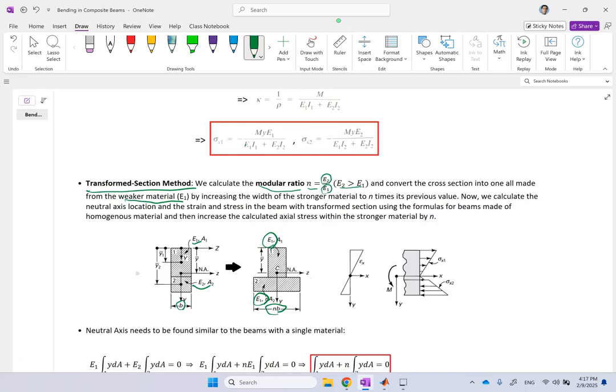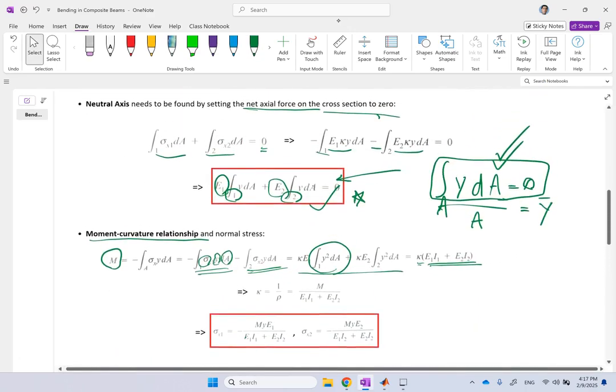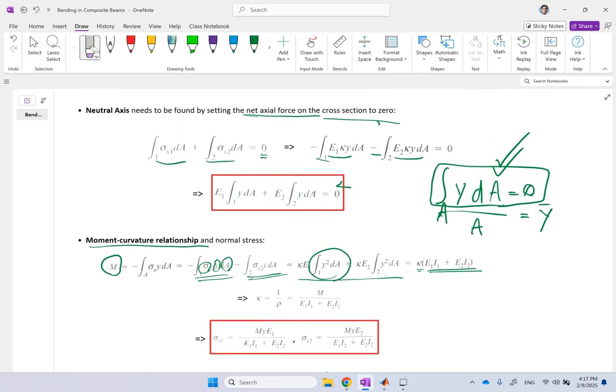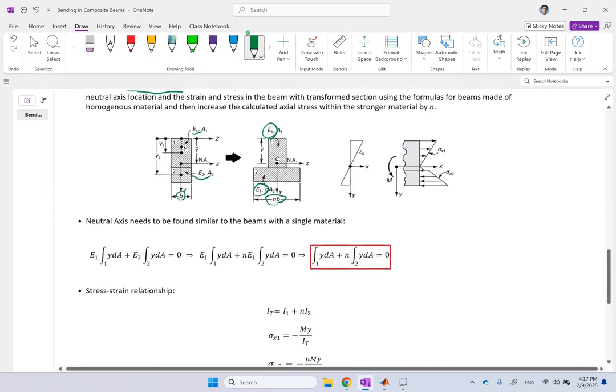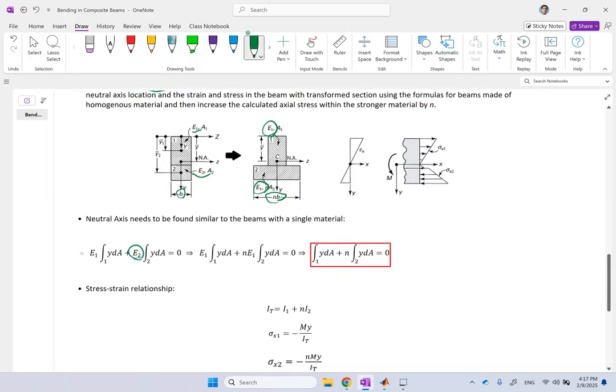So first thing is, where is the neutral axis for this? Well, remember, to find it, this was the equation that we had, E1 integral of y dA over 1 plus E2 integral of y dA over 2 is 0. I use that, but now instead of E2, I replace it with nE1, and I get rid of E1 from both sides, and I get this equation.